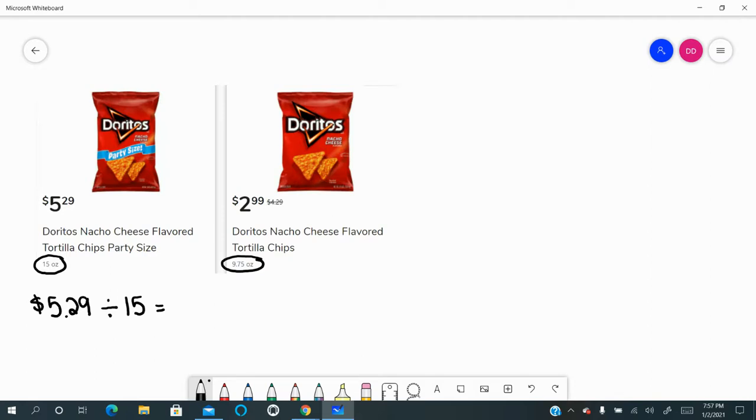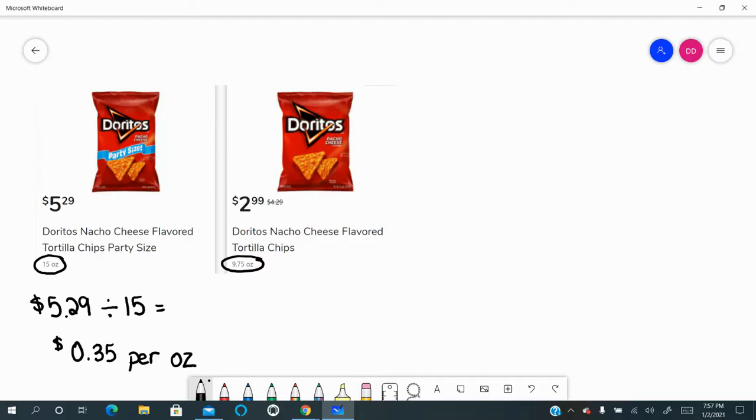You're going to get an unusual decimal for a lot of these, but I find out these Doritos are about 35 cents per ounce. Now, they're not going to let me go in the store and buy 1 ounce of Doritos, but this helps me get an idea of how much they're charging me per ounce in the bag.